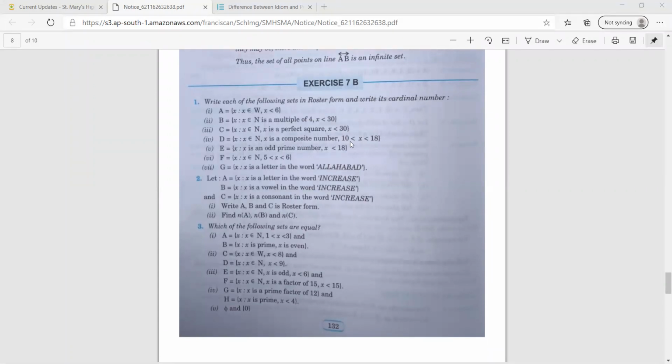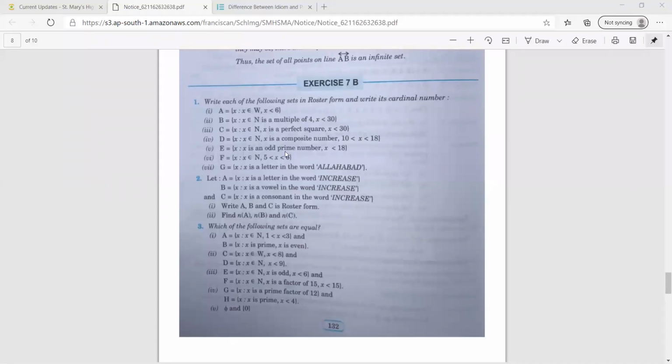We know that between 10 and 20 the prime numbers are 11, 13, 17, 19. These are the prime numbers, but we are not talking about prime numbers over here. We are talking about composite numbers. So excluding these prime numbers, whichever numbers are greater than 10 and less than 18 are to be listed in set D.